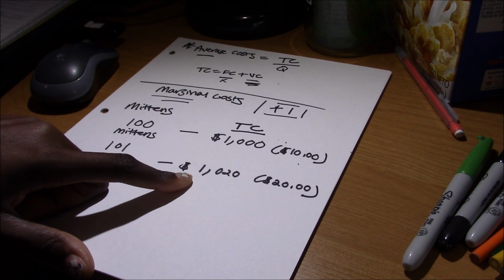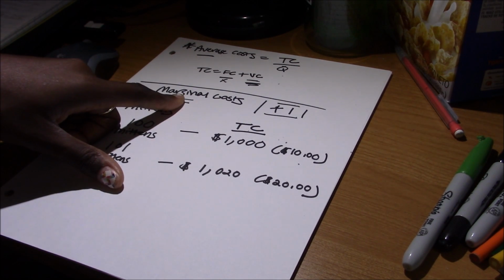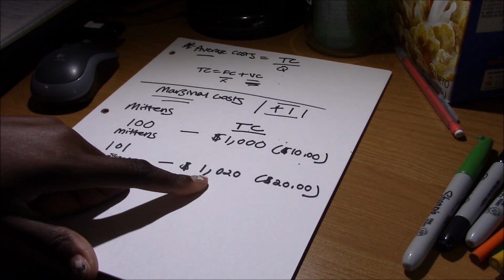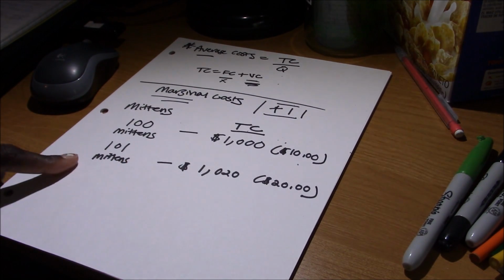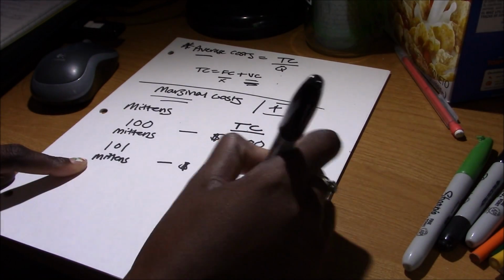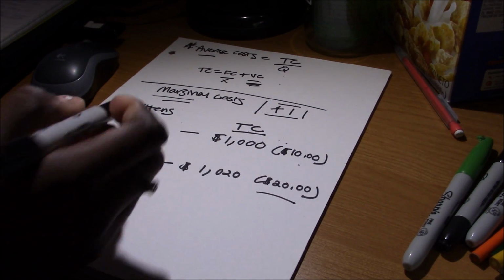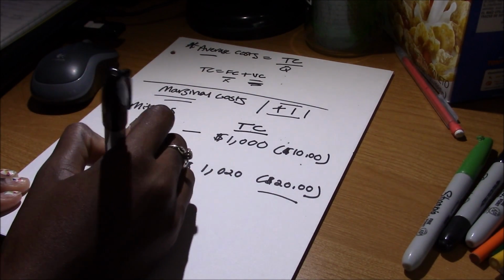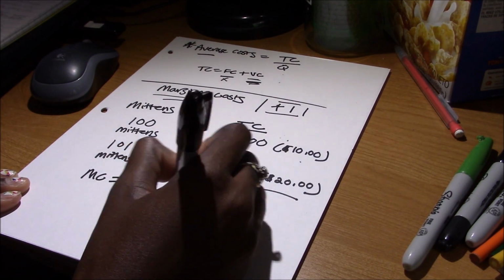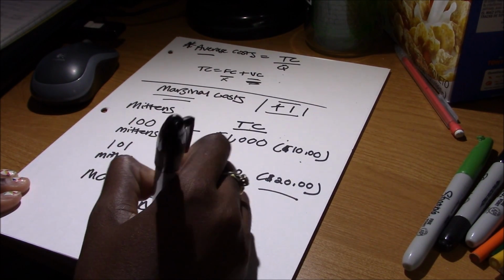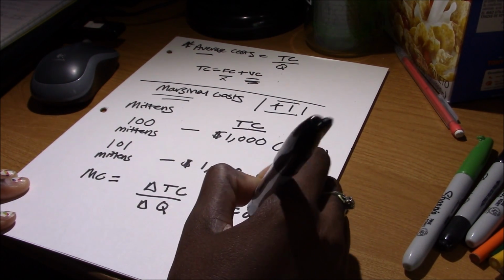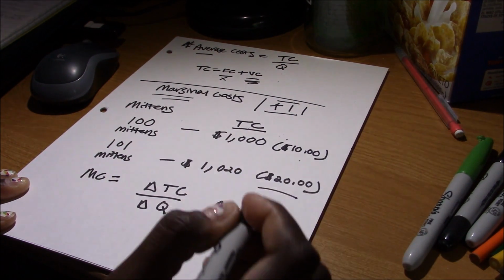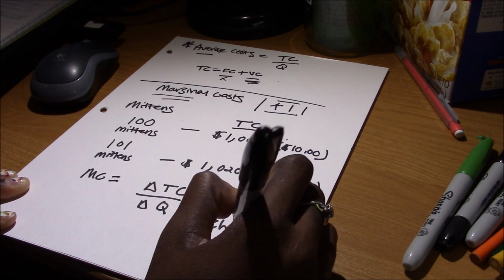Now, we don't have to factor in the total cost when we're looking at marginal costs. So the total cost is $1,020. But the marginal cost in order to make that one more mitten was just $20. Okay? So the formula for marginal cost, therefore, is the change in total cost divided by the change in quantity. What I mean by this triangle, this is a delta symbol, and it basically means change.